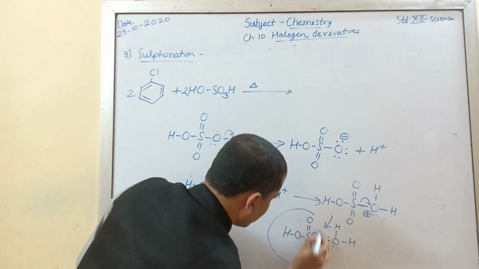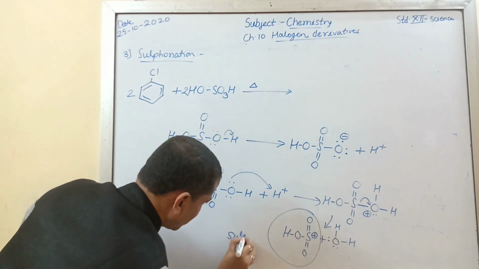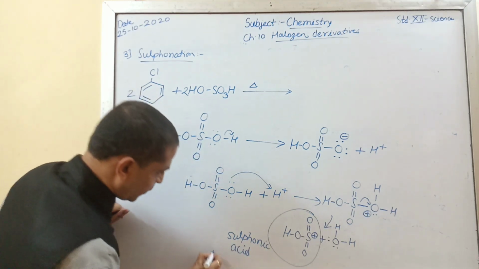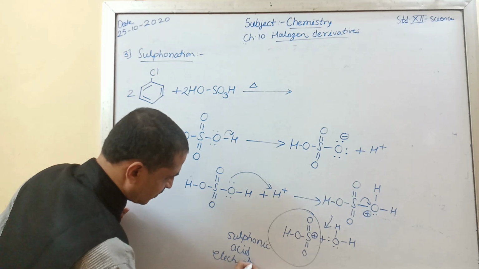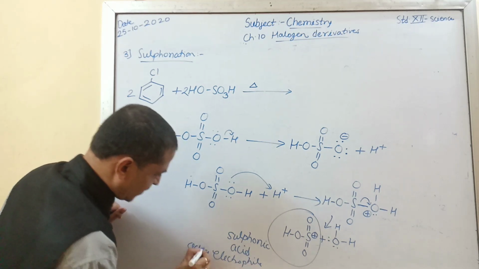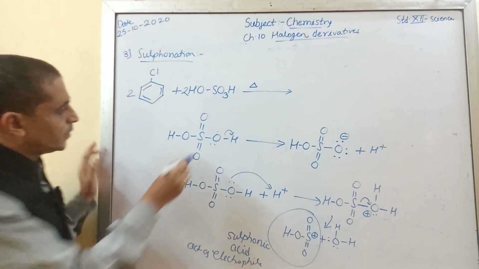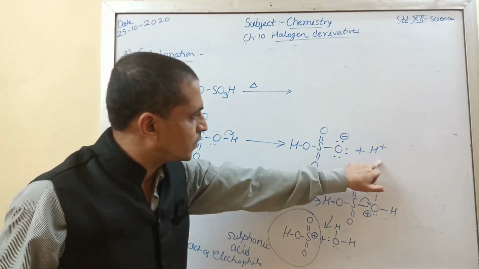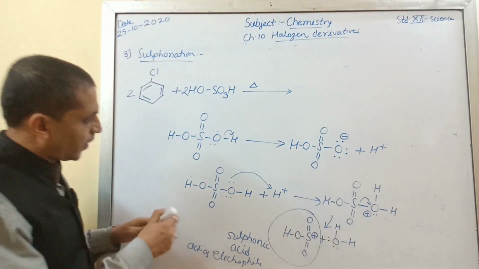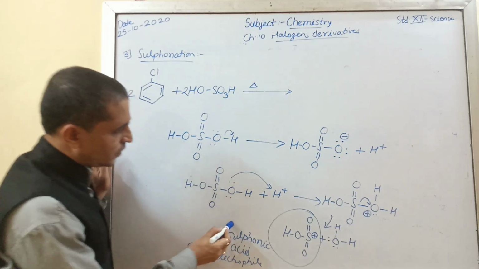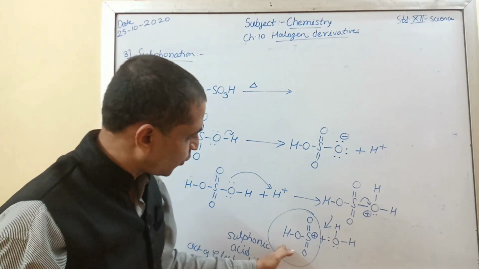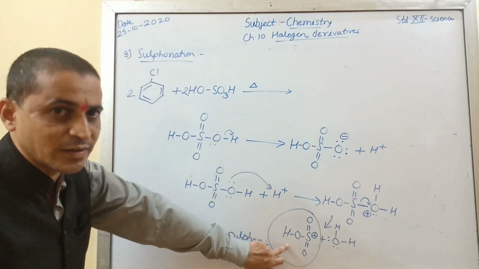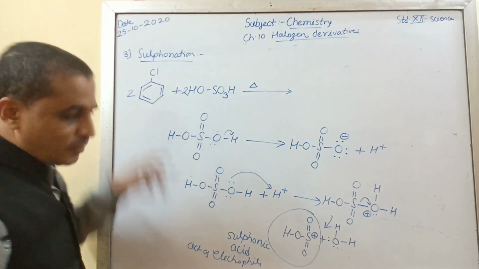So this is sulfonic acid. Sulfonic acid acts as what? Electrophile. First there is a breaking of the OH bond, then you form these two ions. This proton is again attacked by sulfuric acid to form these structures. Then there is a formation of SO3H, that is sulfonic acid, and this sulfonic acid acts as the electrophile. It can attack the ortho and para positions.